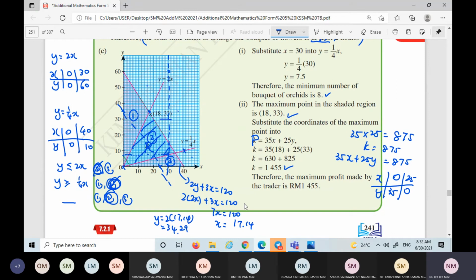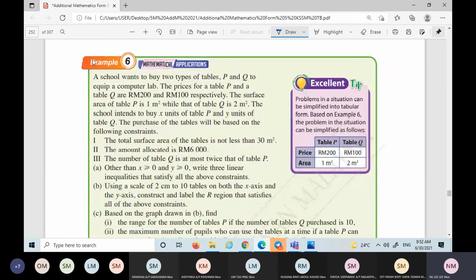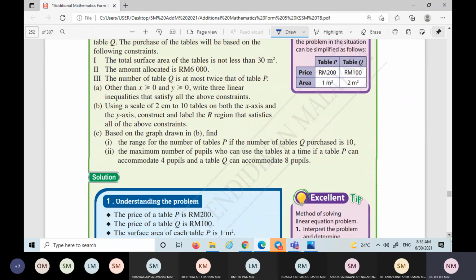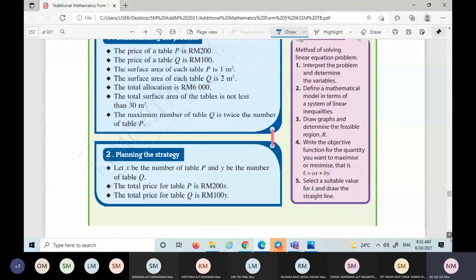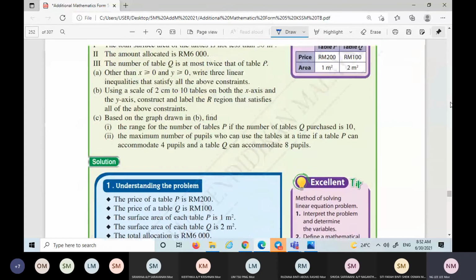Now I still have 8 more minutes. I don't think I can go through another example. Actually, I have another example. This example you go through by yourself, because you have the solutions. I'm not sure whether this example is more difficult or not. Then I'll give you the homework.